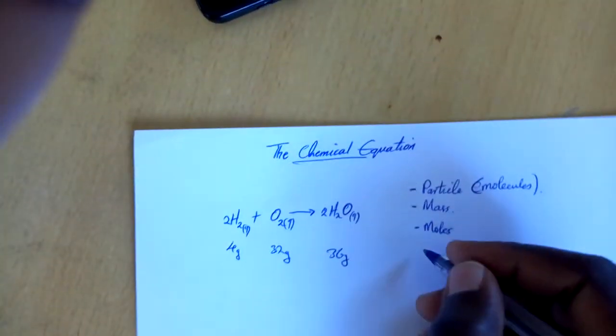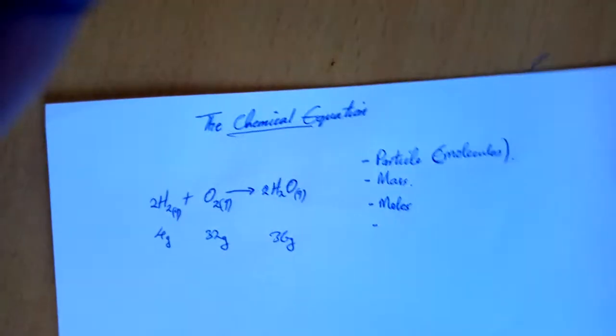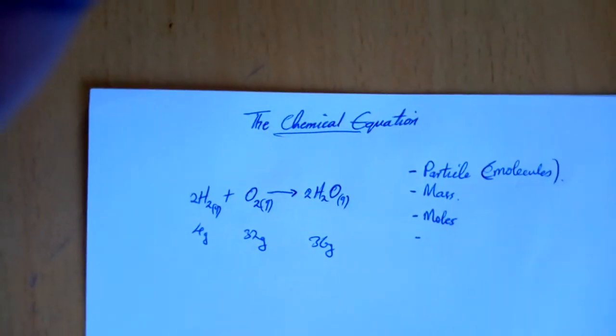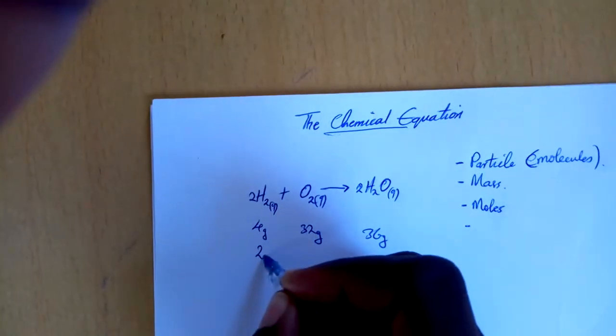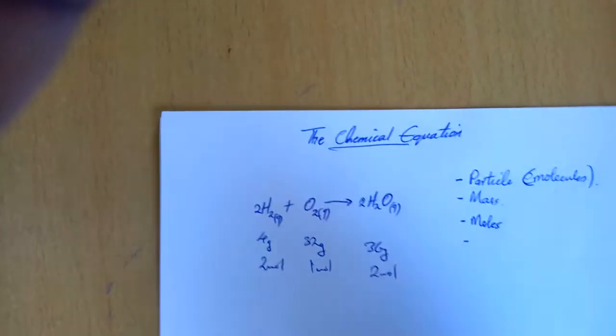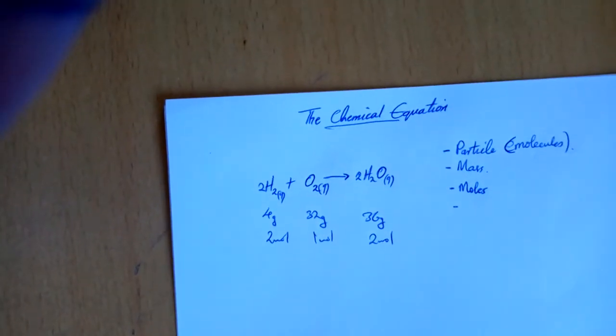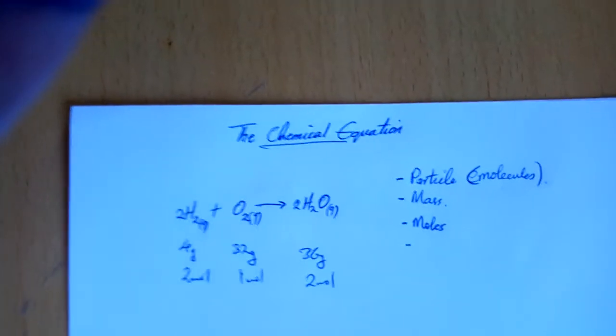The fourth one is by looking at volumes. This one only involves the species that are in gaseous state or form. So I can easily say, here we say 2 moles, 1 mole, and then 2 moles. But when we go to volume, it would all depend on the conditions that you are following.